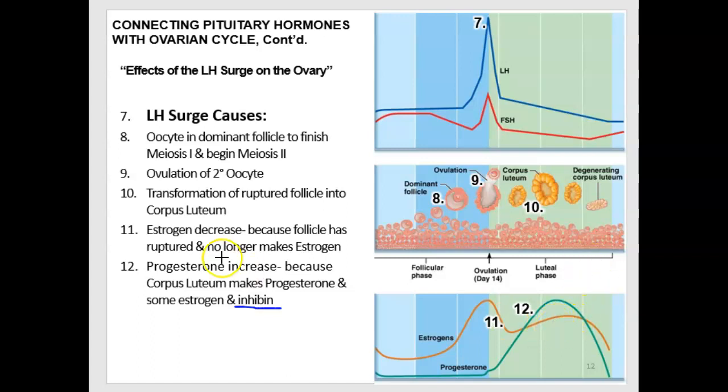And inhibin will act on the anterior pituitary to keep FSH levels low. And the idea is, if you keep FSH levels low, no more follicles are going to mature or develop, in the hopes that this oocyte that was released gets fertilized. We're not ready to release another oocyte at this stage.